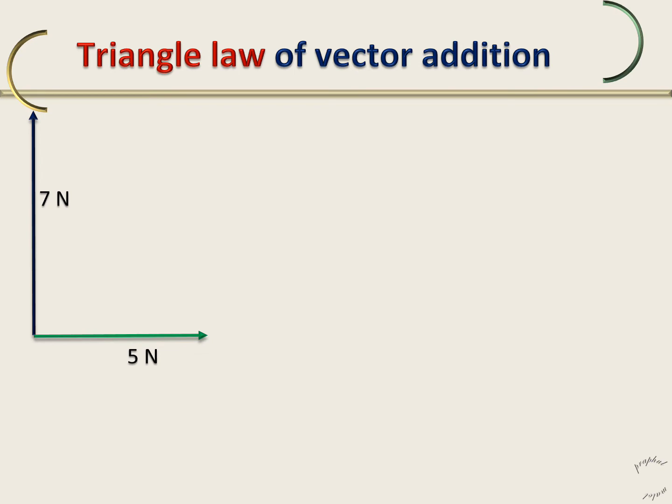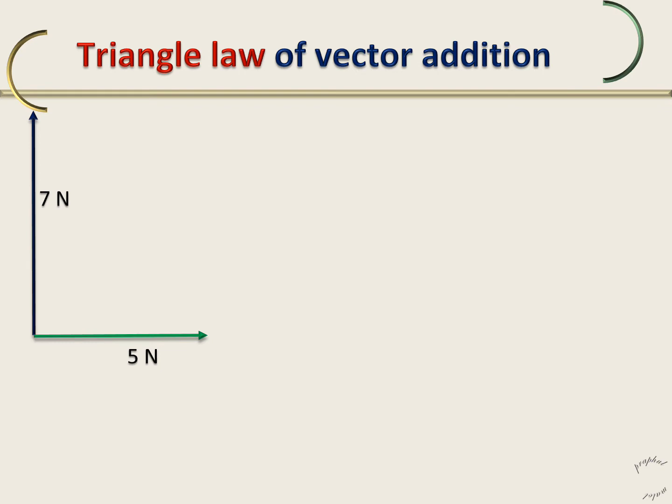What you can do is you can move any vector you want to any place as long as you don't change the direction and the magnitude. So you can draw the 7 Newton or 5 Newton anywhere you want on this page, but you should not change the length or the direction of the vector. So let's say for the first example I'm moving 7 Newton.